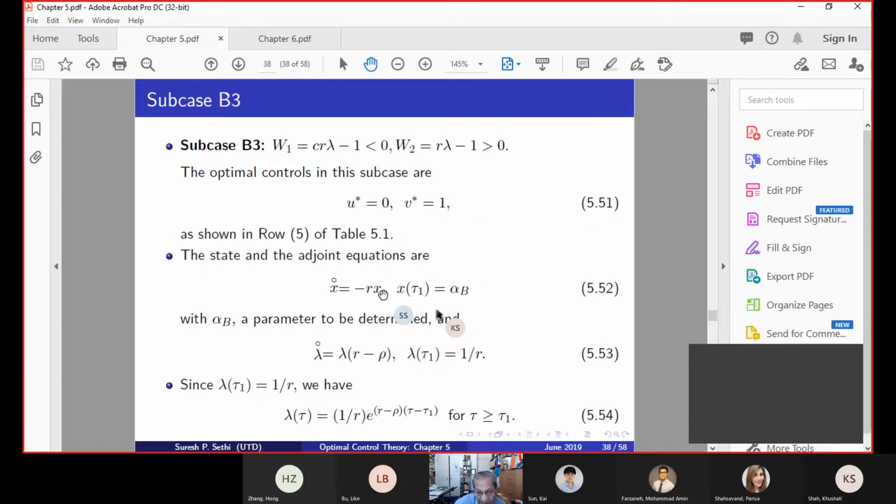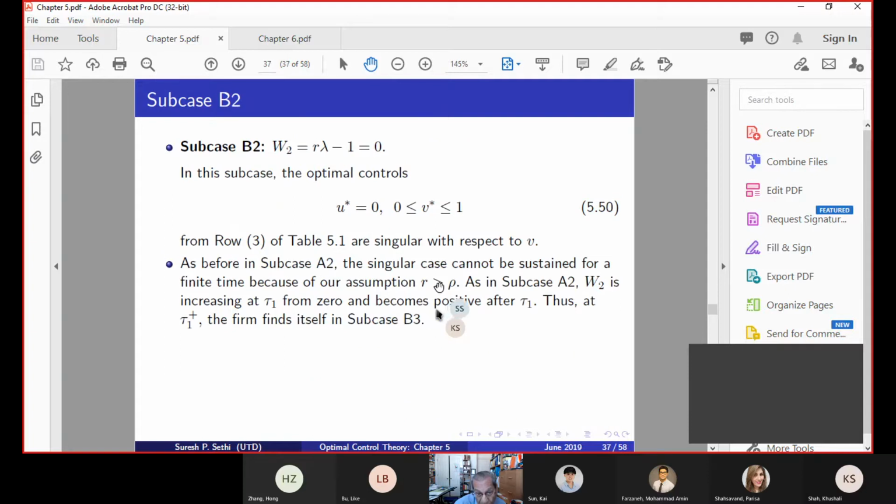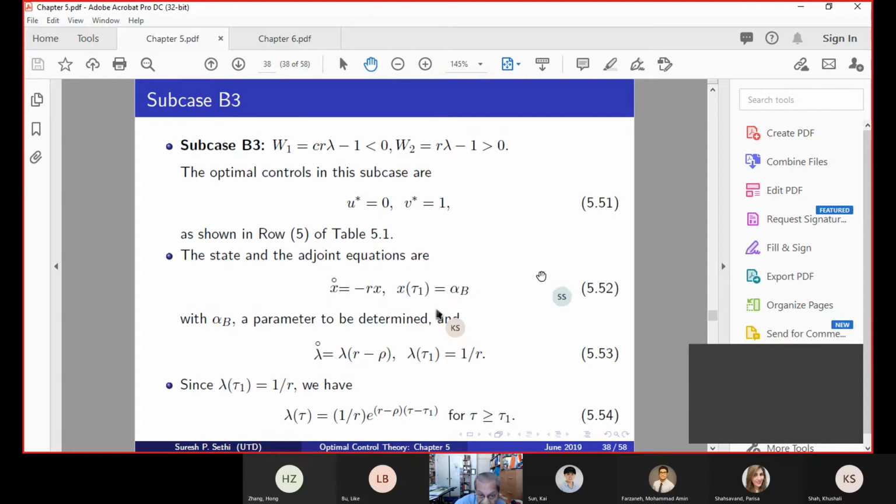So I get R minus Rx, which is negative Rx, growing at rate R. And I have alpha B, which is the guess for the value. Up to tau 1 I make a guess alpha B, so alpha B stays up to tau 1, and at tau 1 I still have alpha B, and I'm now at this equation, and I have a lambda circle equation, which is this equation. These are different equations than the A3 equations.